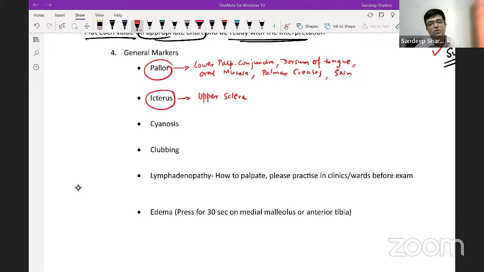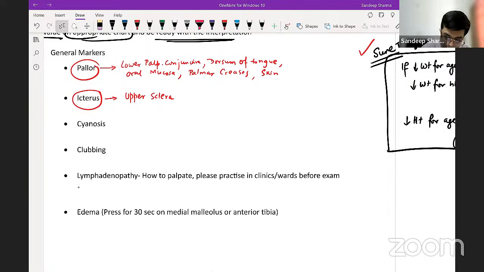Second question which will be asked to you in the viva is, when does clinical icterus appear in jaundice? In adults and older children, it appears when total serum bilirubin exceeds 2 to 3 milligram per deciliter. But in newborns and young infants less than 3 months, it appears when the serum bilirubin exceeds 5 milligram per deciliter. So two different cutoffs you need to remember.